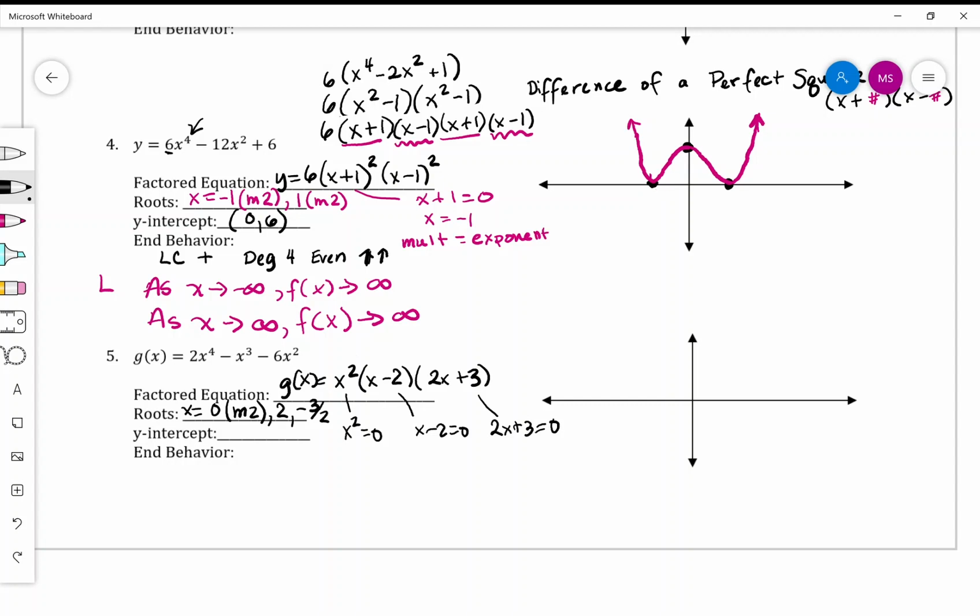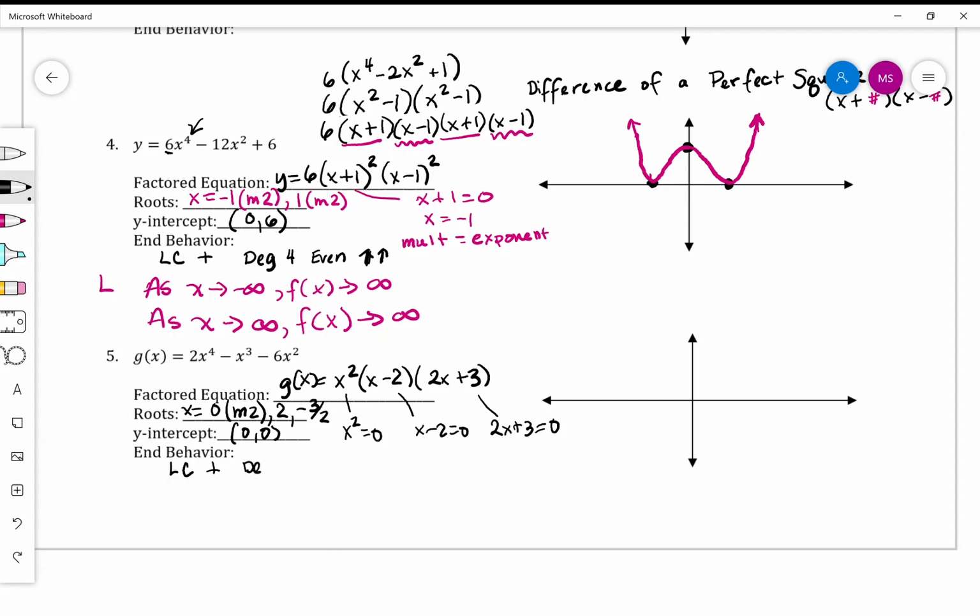Okay. Our y-intercept's nice and easy. If you plug in 0 for all of your x's, your y-intercept is also 0, 0. Now you should see a nice little common recurrence. If one of your roots is 0, that means your y-intercept is 0, 0. All right, so we have a leading coefficient that is positive.